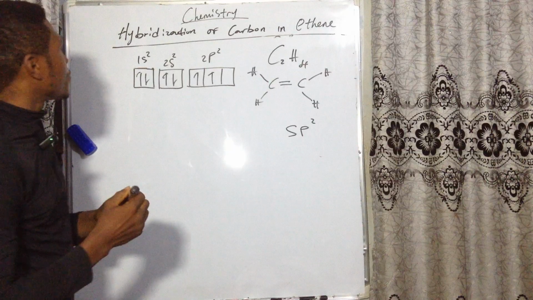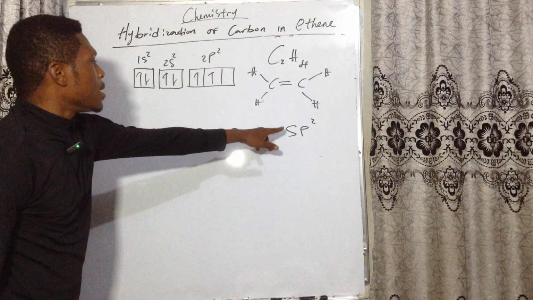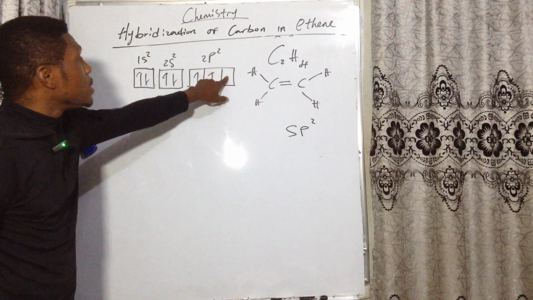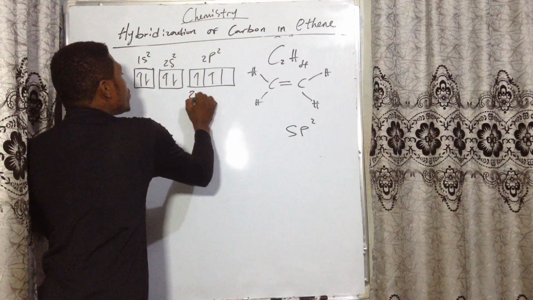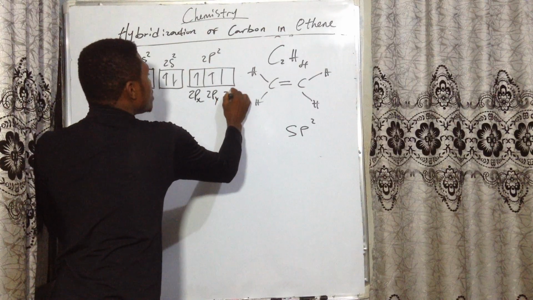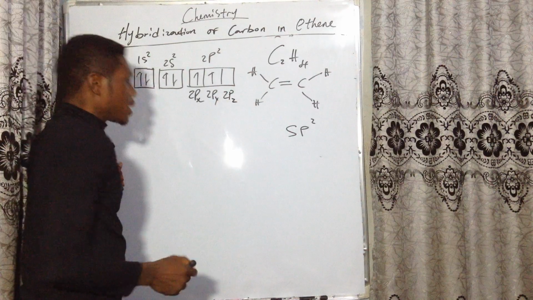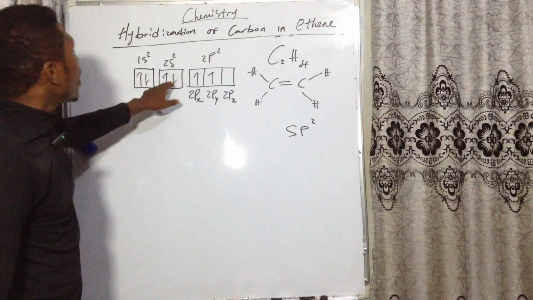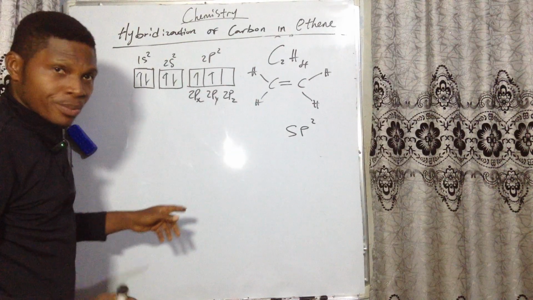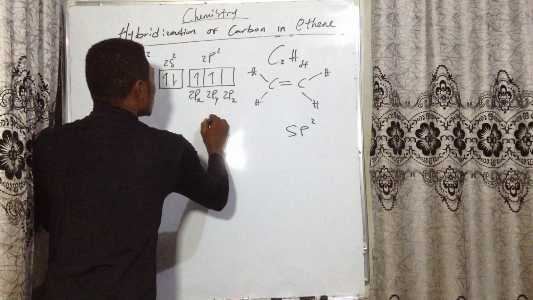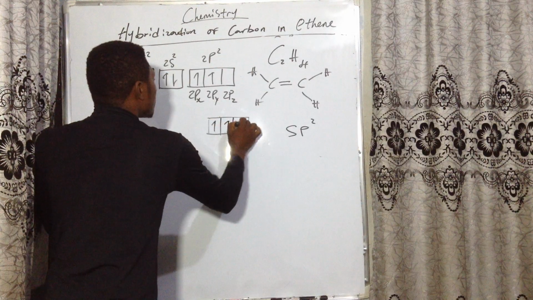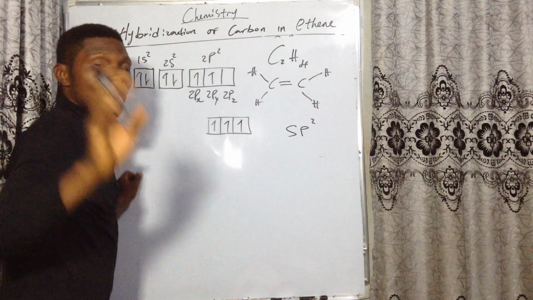Okay, now this is carbon in an unhybridized state. Now see what happens now. Before carbon forms this sp2, you see this one electron here will be promoted to this. Remember, this is 2px, this is 2py, and this is 2pz orbital. Okay, very good. So one electron will be promoted here, and after the promotion, it will look like this. Then after the promotion, do you know what will happen?